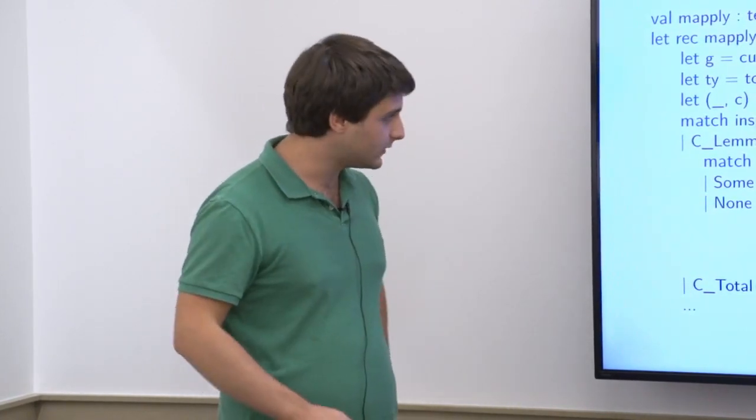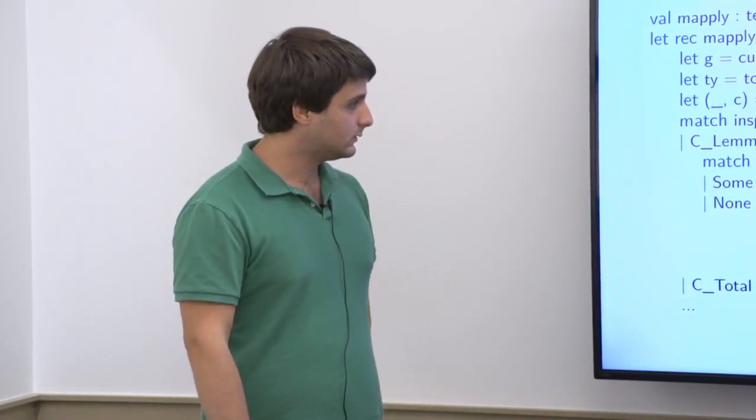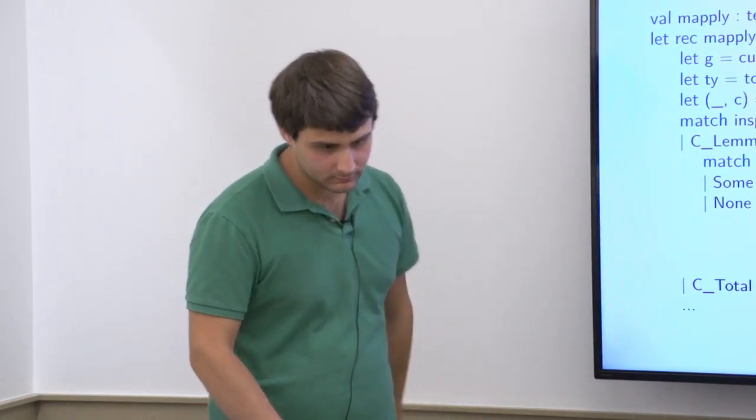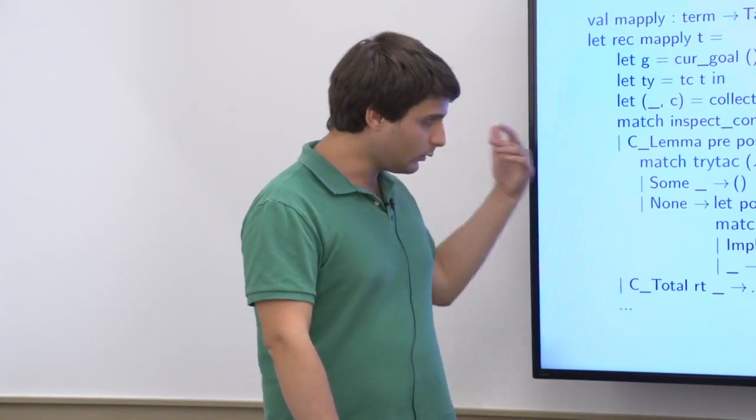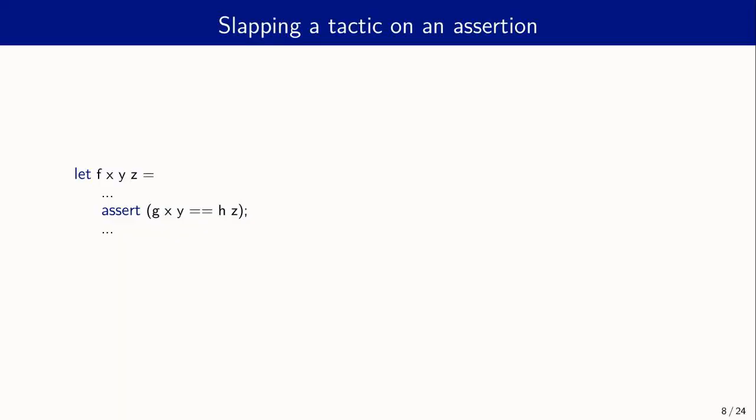I don't mind if you interrupt, but so yes, there was just an example. Once we had this piece of the thing working, we can write metaprograms and call into the primitives that manipulate the proof state and all that. How do we actually use them on particular assertions?